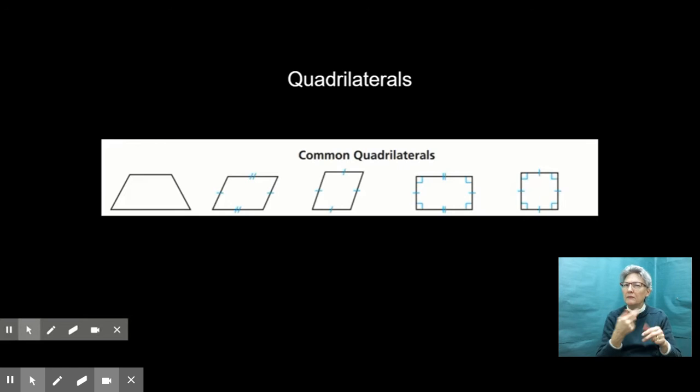What other names have you heard them called? You can jot down some notes. Again, you can use a Post-it, the back pages of your journal, just a piece of scratch paper, whatever you have available. You could type them on a doc. I want you to write down some notes about each of these common quadrilaterals. Go ahead and pause the video and then come back when you're ready so we can review our notes. I'm going to be doing the same.